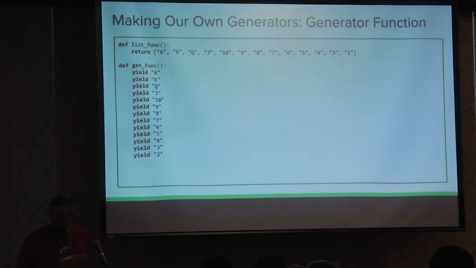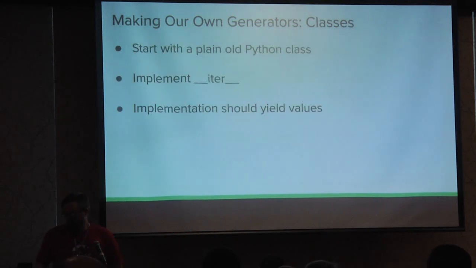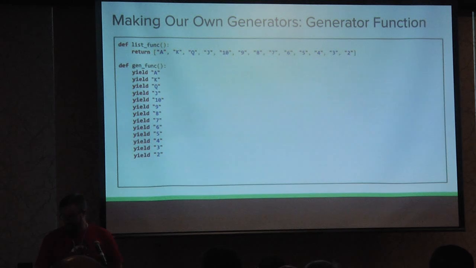Okay, so just to compare generator functions to a normal function, right? This is two examples of functions that basically do the same thing. One of them just returns us a list, and one of them is a generator instead. And the interesting thing about that is it doesn't matter what the client code is here. You can just drop one of these functions in for the other one without changing your for loop.